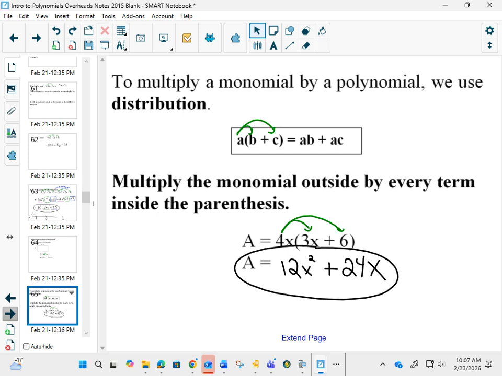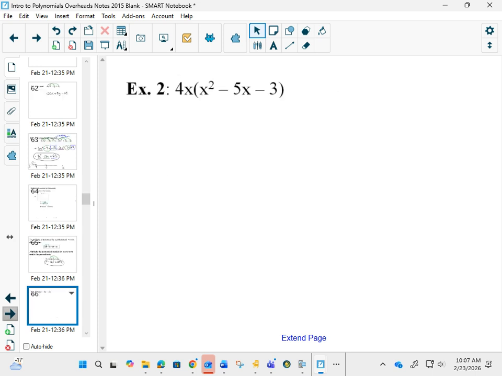Okay, for each of these next ones, if you just copy down what I do, it doesn't really show you if you know what's happening. So for each of these, I'm going to get you to try first. And then we'll put up the answer and see how you did.